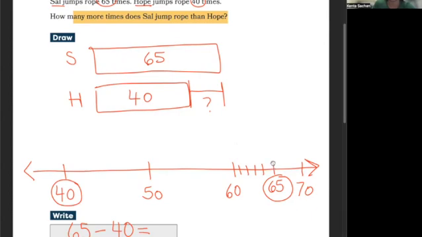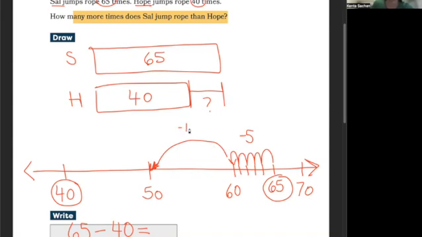So starting at 65, go 1, 2, 3, 4, 5. All right, so I did 65 minus 5 gives me 60. Now, of course, I can go one at a time, or since I'm at a nice 60 number, I can take a big jump to my next 10 number here, to 50.